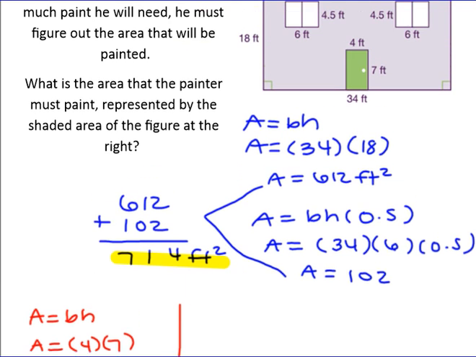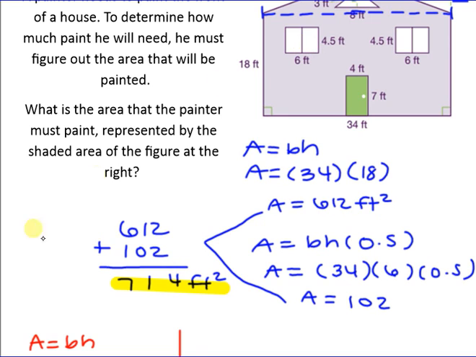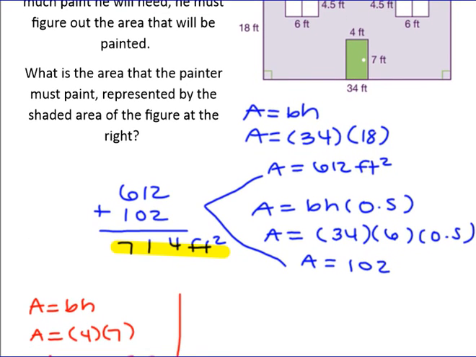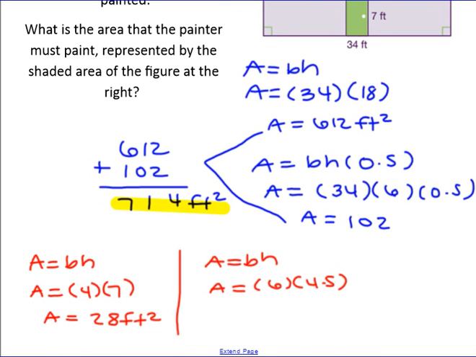All right, now we have a window right here. So we have area equals base times height. Area equals, so the base of the window is 6 feet, and the height of the window is 4.5 feet. So let's do 6 times 4.5, and that's 27.